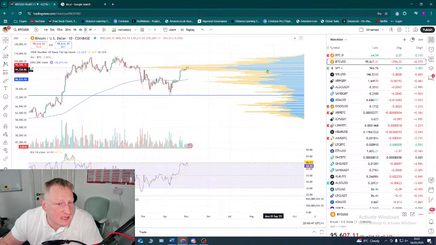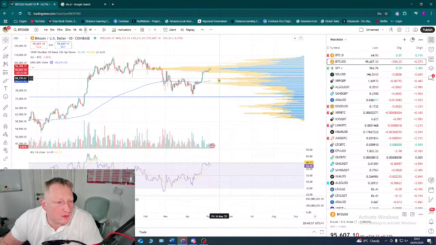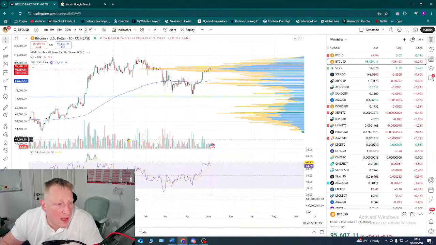Whereas these lines here tell you how much has been traded during the time of whatever's on the screen at the minute. So this stands for visible range volume profile. This is the volume on the day, and this is the volume of trades that have been done on the screen as you see it.